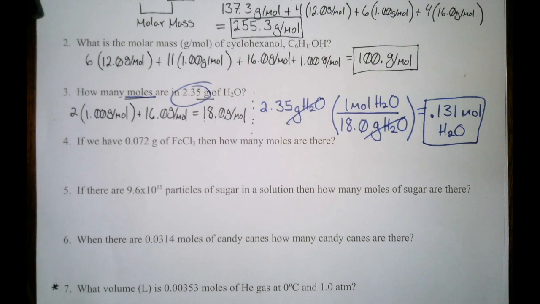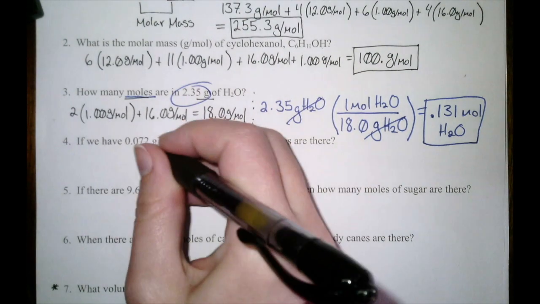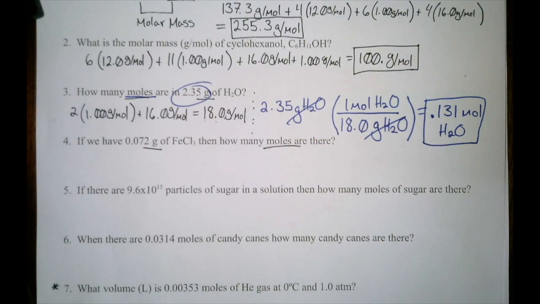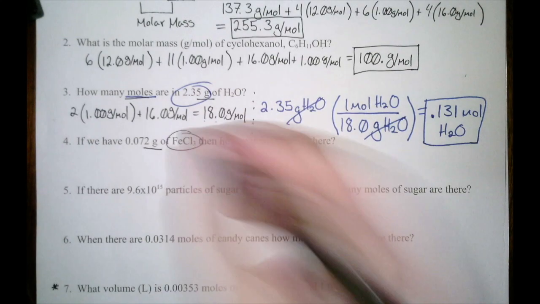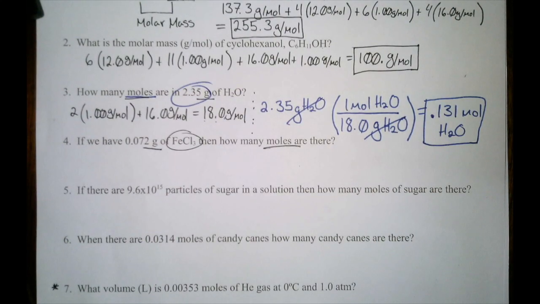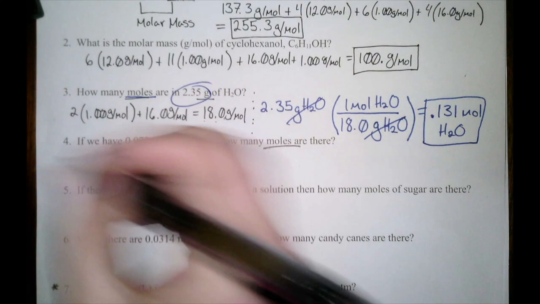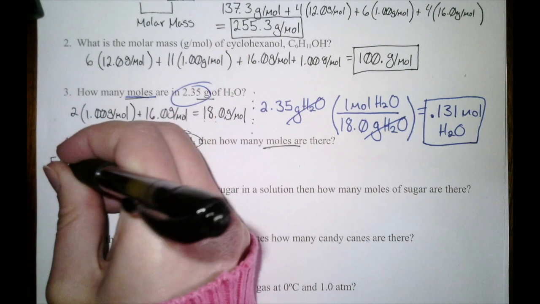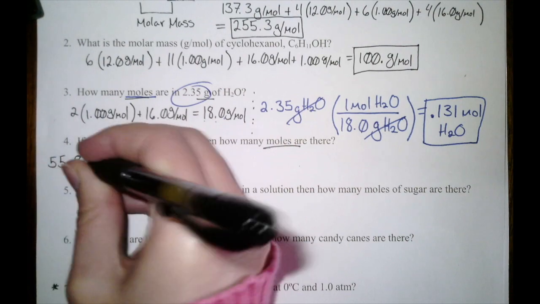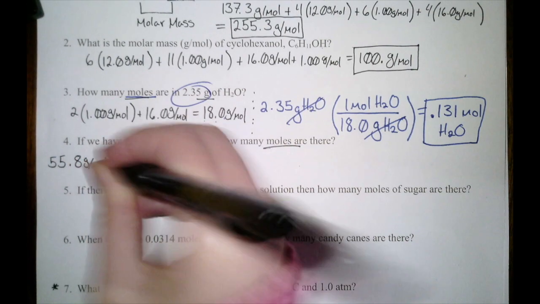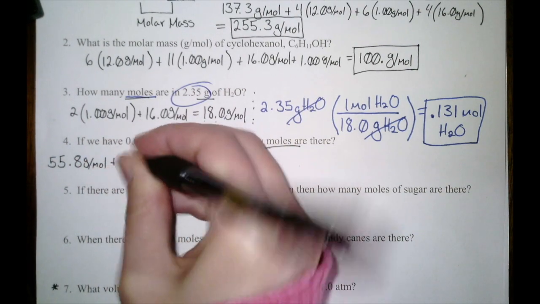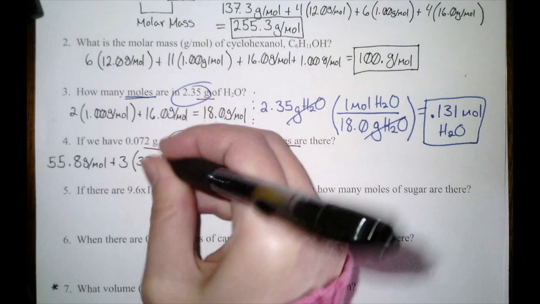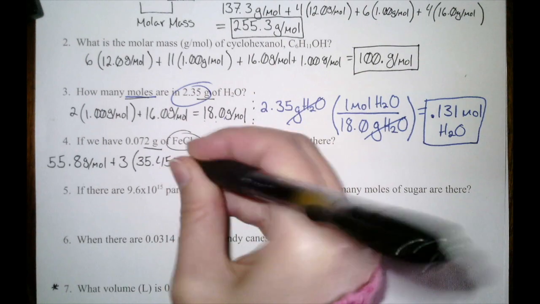Again, step 1 is always, if we're dealing with mass and moles, first step is finding the molar mass of our compound, in this case iron 3 chloride. Well, if you look at your periodic table, you'll find that iron has a molar mass of about 55.8 grams per mole, plus 3 times the molar mass of chlorine, which is 35.45 grams per mole.